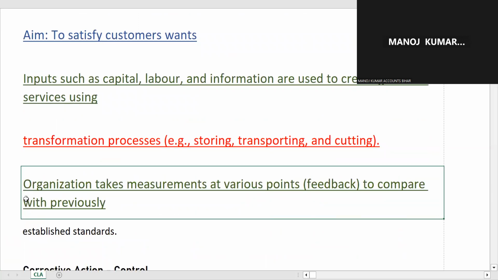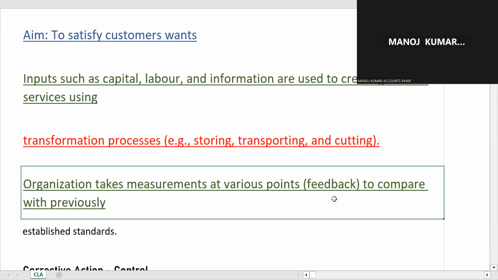Next is organization takes measurements at various points. So here we are talking about standards. So organization takes measurements at various points. Every organization will have some standards. If you have produced some products, then you will see how good that product is, because if the standard goes down, then in future nobody will buy your product, right?